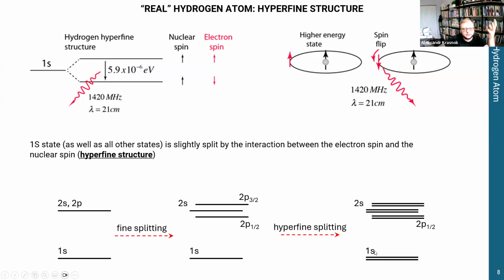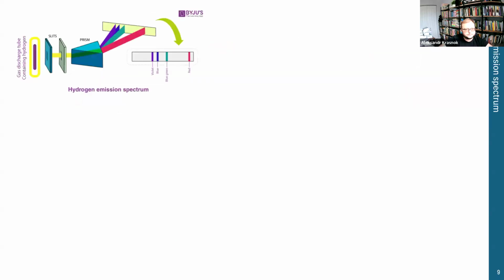Analyzing this data, this signal, you can tell how much hydrogen we have in space, in cosmos. Okay, so that's something very important and allows us to investigate something that is very, very far from us.